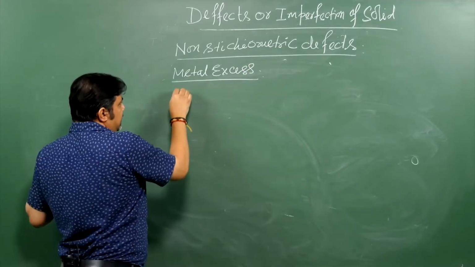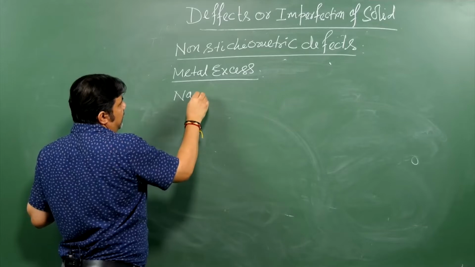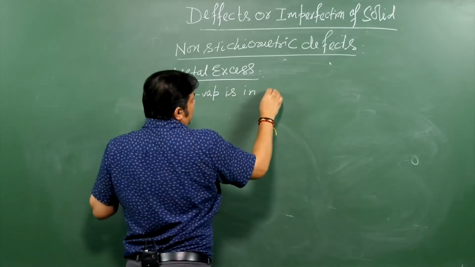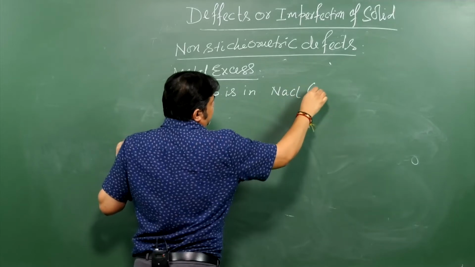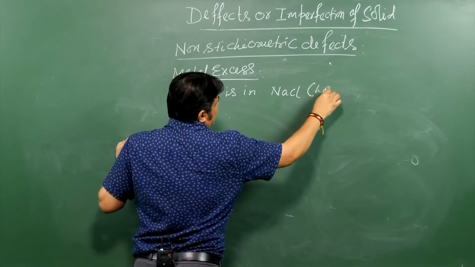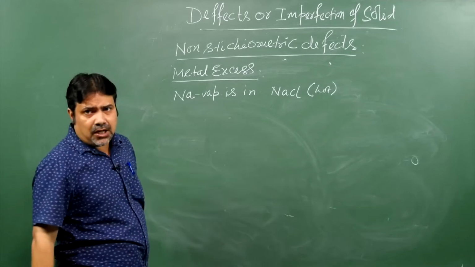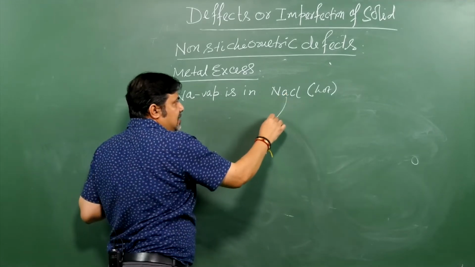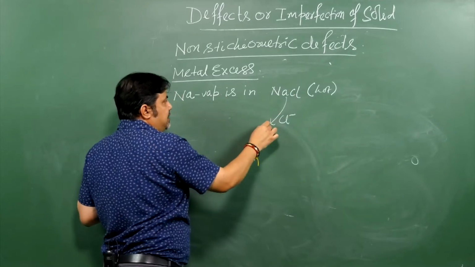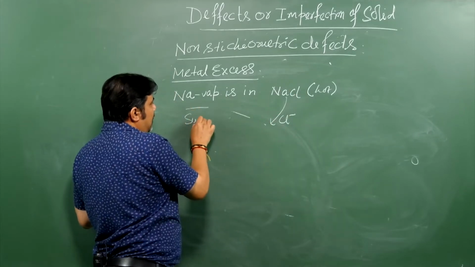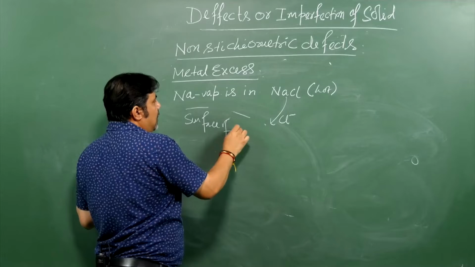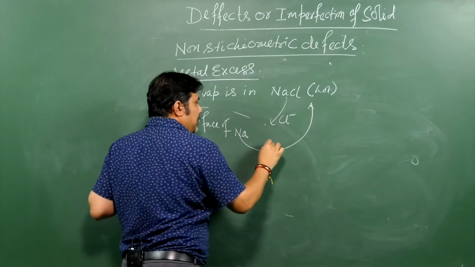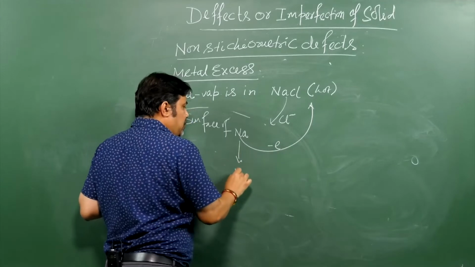Suppose NaCl is heated in sodium vapor, in hot conditions. When sodium vapor is there with NaCl in hot conditions, what will happen? The chloride from the NaCl lattice will come to the surface of the sodium metal, and sodium will lose an electron and be converted to Na plus.